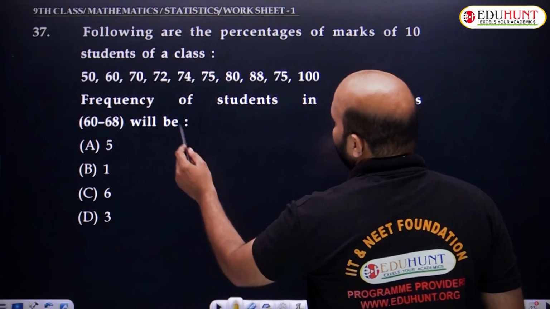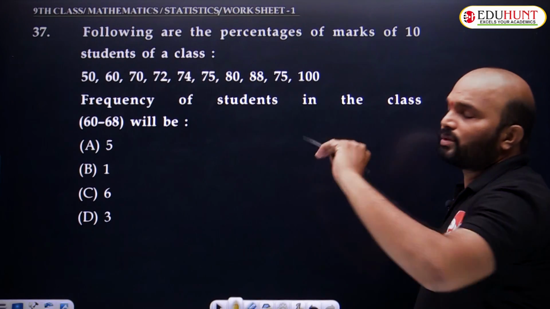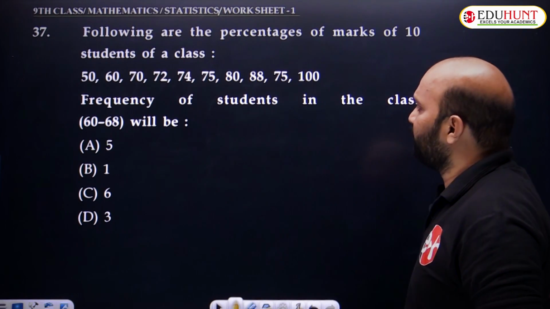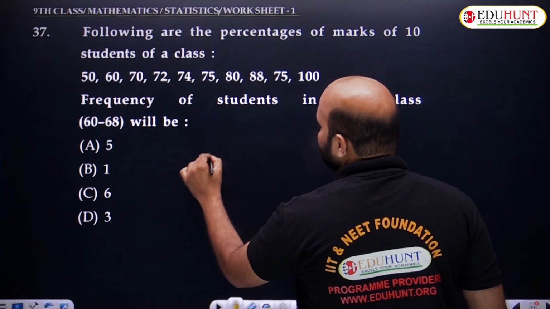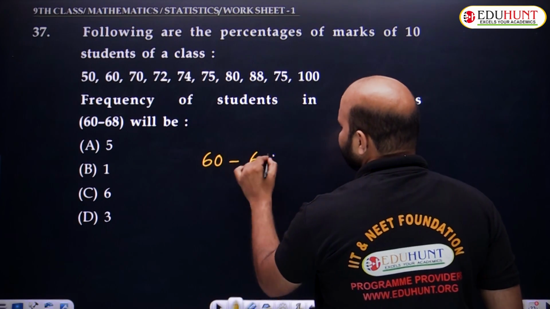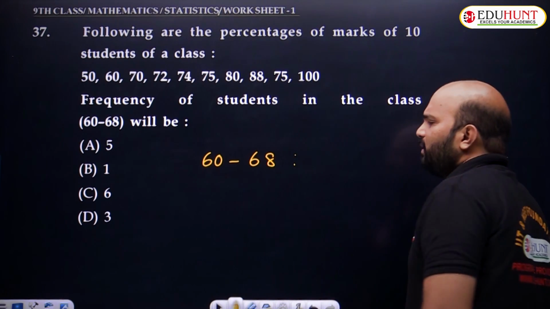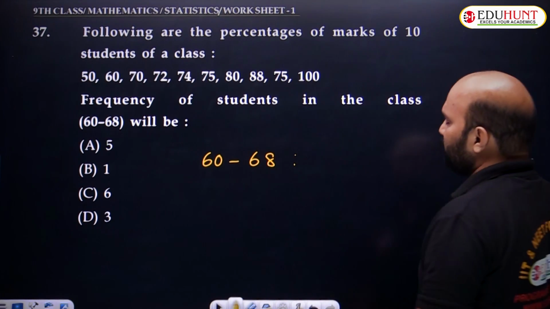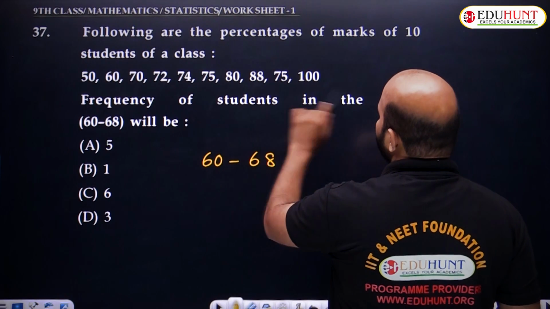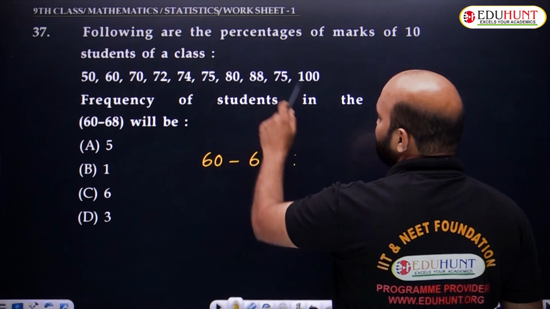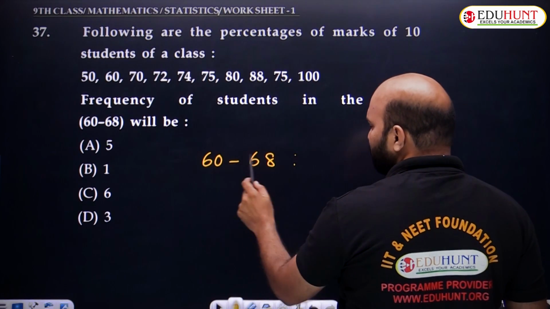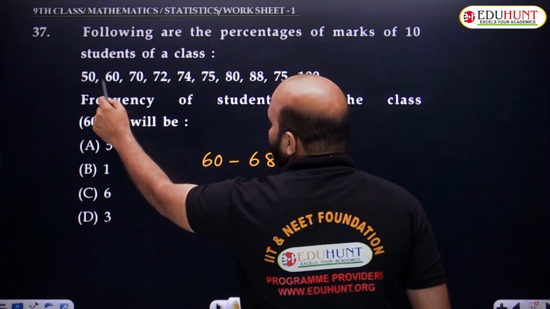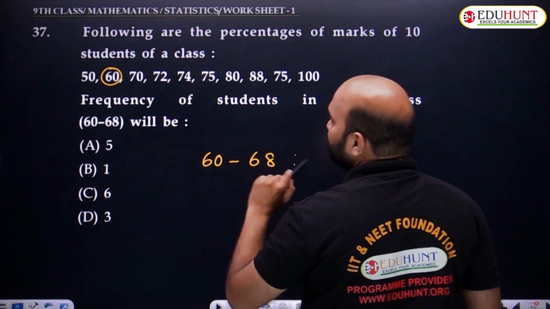So clearly we need to understand, here the percentage marks of 10 students are given, but the frequency is being asked, between 60 to 68. That is nothing but how many numbers in the percentage of marks lie between 60 and 68. The first number is not possible, only 60.